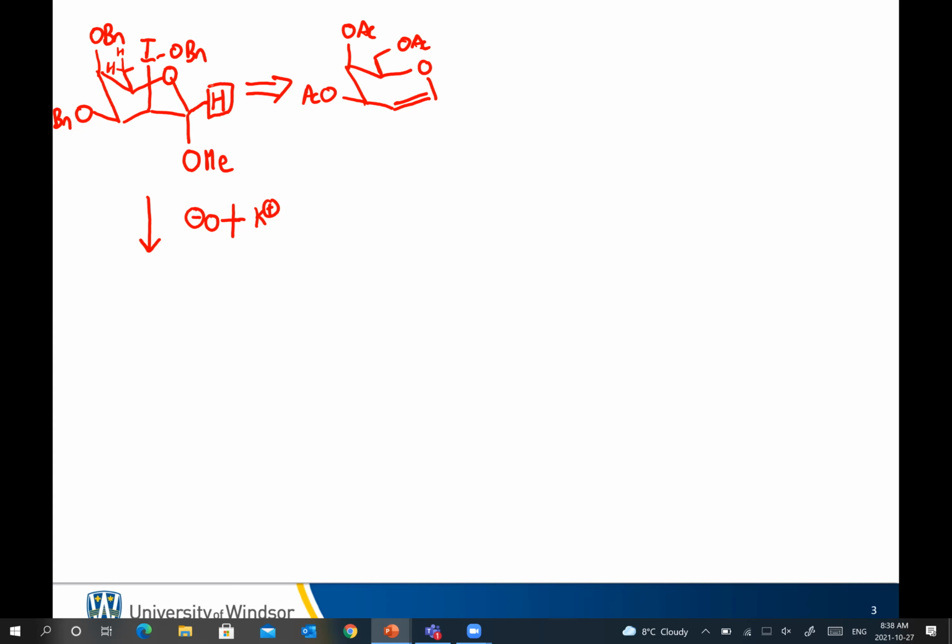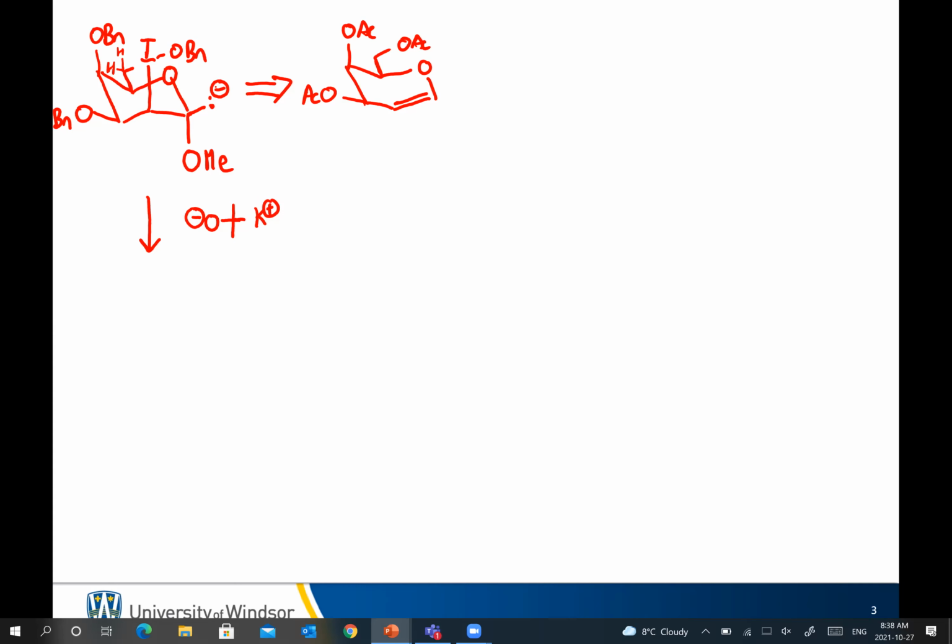The reason she's not right is that momentarily, when you generate that, you are going to generate a negative charge in an sp3 orbital there. And there's not a lot of places that can go. That's not massively stable.